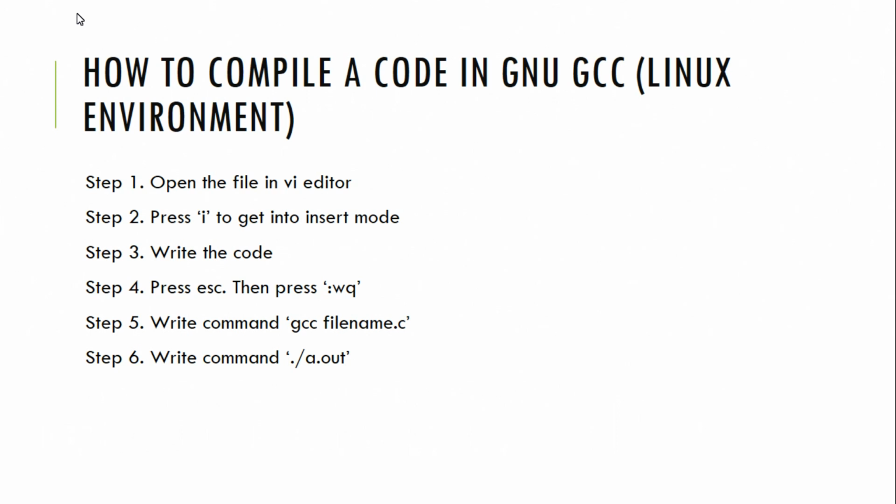And the third compiler is the GNU GCC compiler, which is found in the Linux environment. Running a code here is a bit tricky. First, you have to open the file in a VI editor. We'll talk about the VI editor in videos where we describe the Linux environment. There you have to press I to get into insert mode, write the code or program, then press Escape and then :wq.